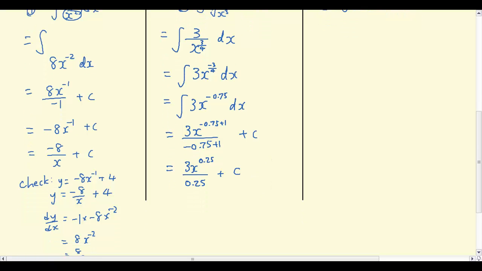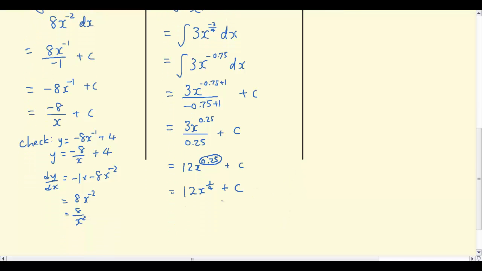And obviously 3 divided by 0.25, you can simplify that as well, which gives you 12x to the power of 0.25 plus c, or if we want to change this back into fraction form, this becomes 12x to the power of 1 over 4 plus c.